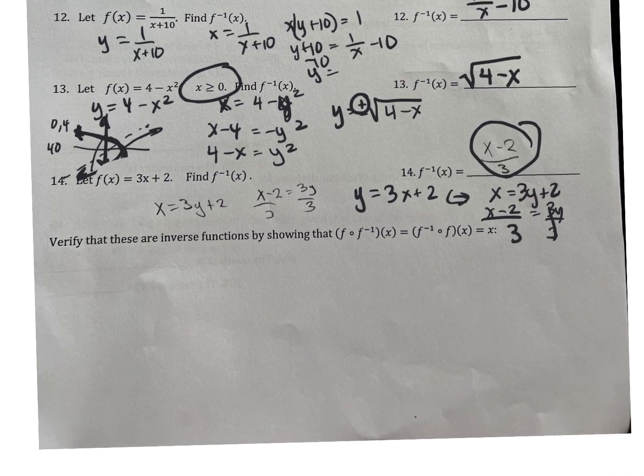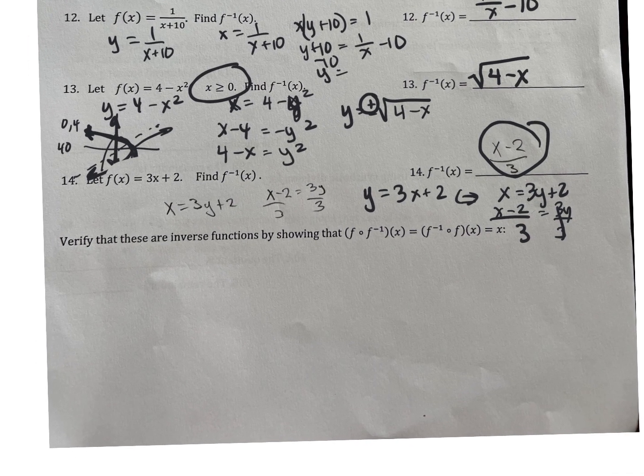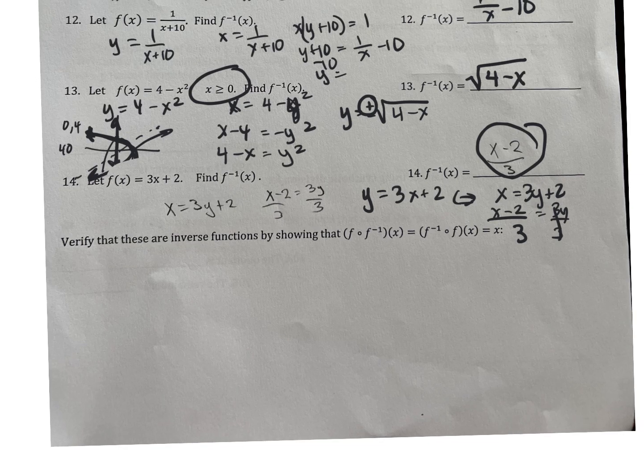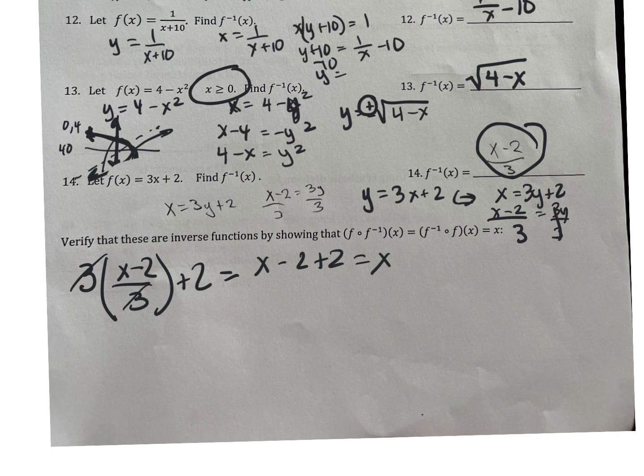Verify these are inverses by showing their work, and that's the one for number 14. Verify these are inverses. So let's show it. If I take 3 of x minus 2 over 3 plus 2, then these cancel, and I'm left with x minus 2 plus 2, which is equal to x.